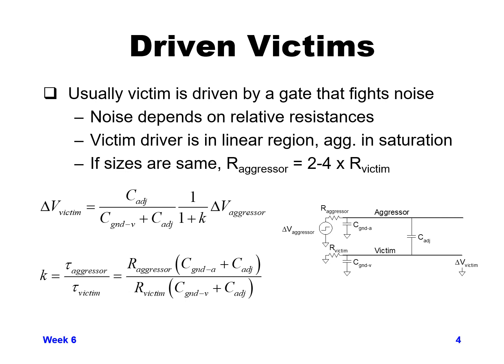But let's go through just a couple of examples, or just an idea of how much voltage delta you can get in a victim with respect to aggressor and victim driver sizes, in the next foil.